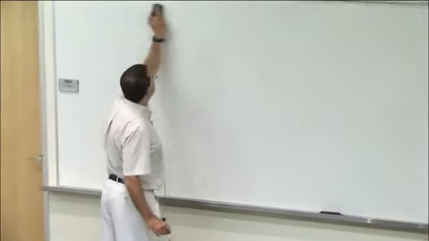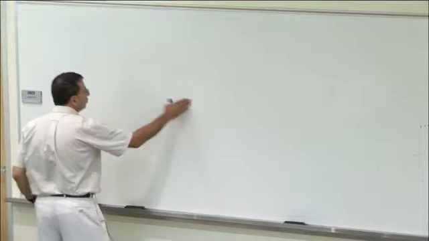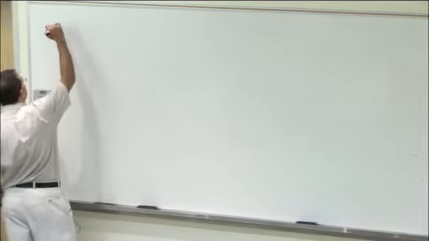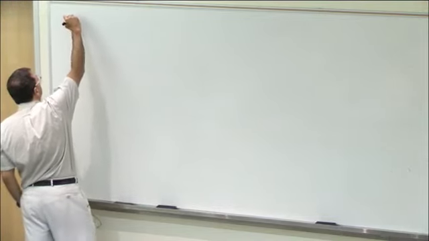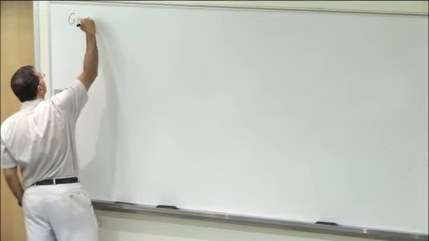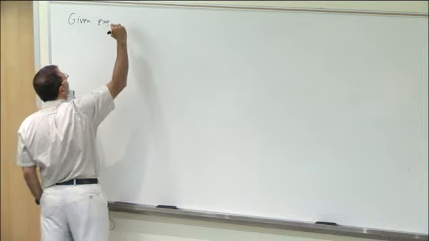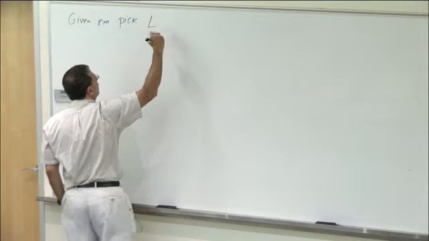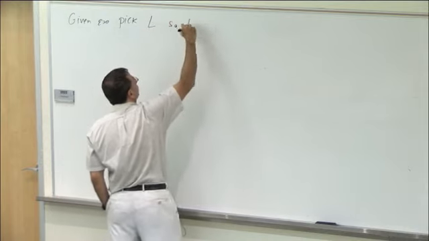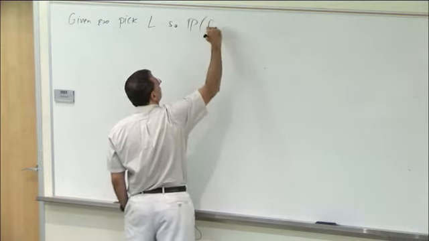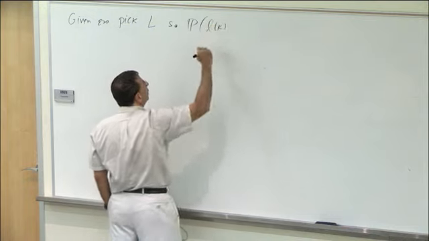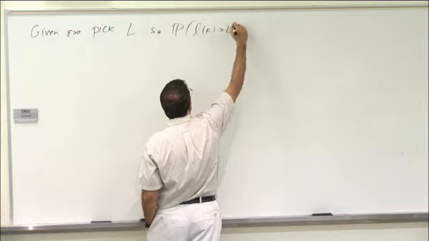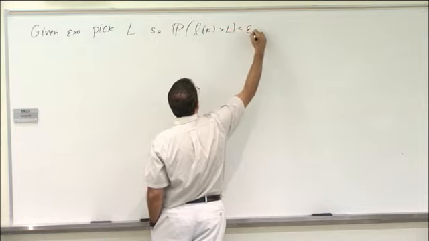So in the general case, we can't assume that these L_k are bounded. But what we can do is, given epsilon small, we can pick a large number L so that the probability that L_k is bigger than L will be less than epsilon.